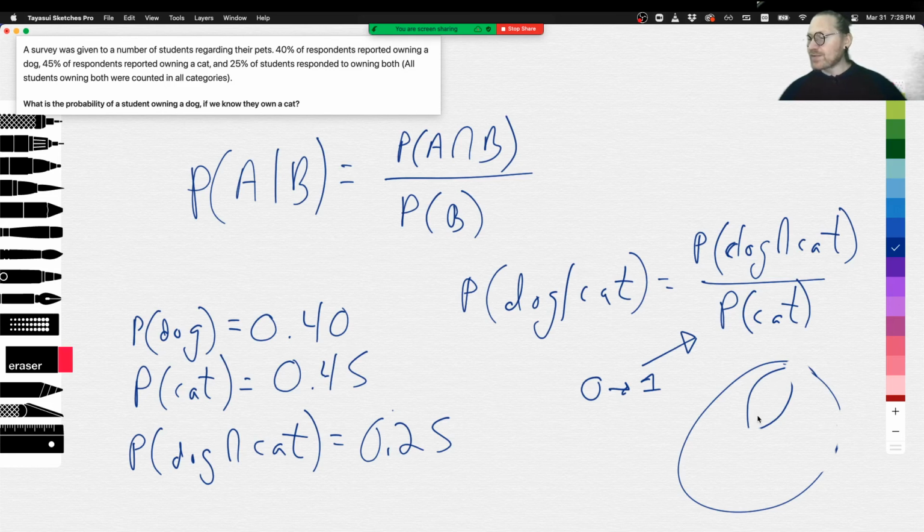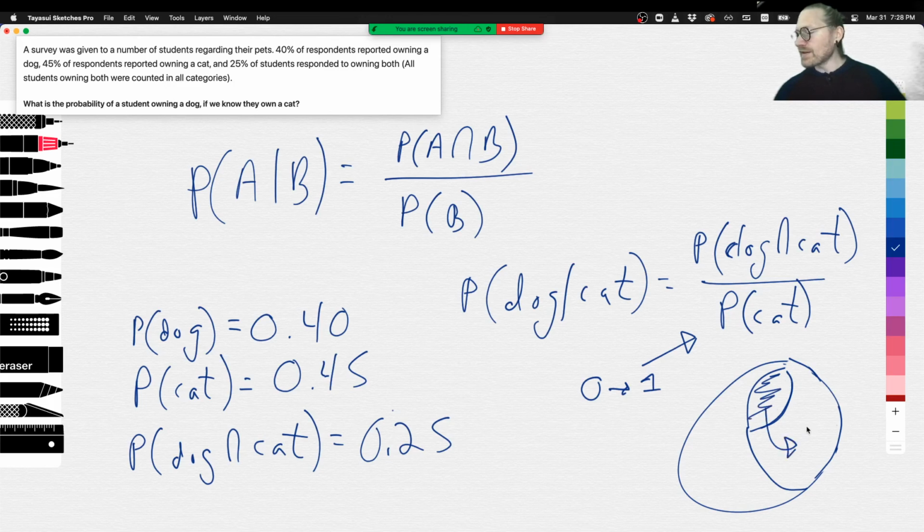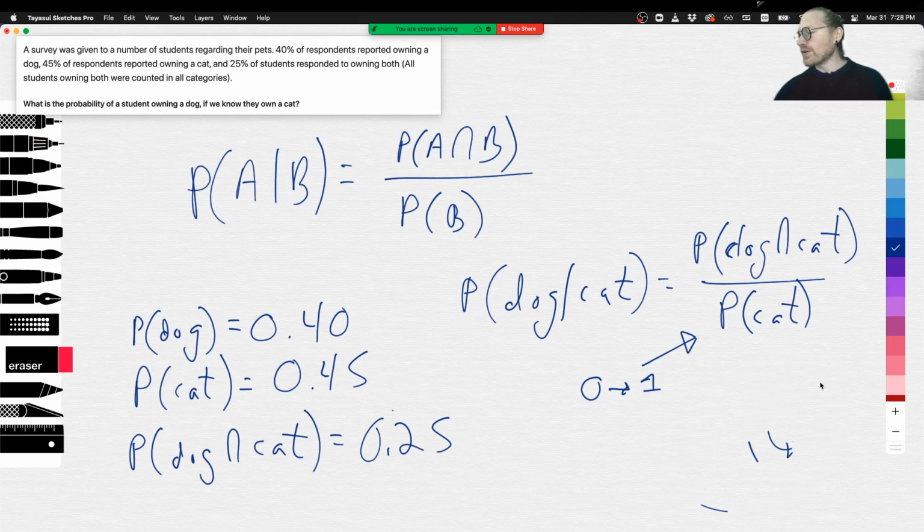Notice that this is a much smaller area in relation to the whole. We are only relating this back to the universe of cats. We are throwing away the rest of it, and we're getting the probability of this in regards to this, right? So this would be our S, this would be our A, and we can think about it that way. So, if we just fill these numbers in, that's going to work for us here.